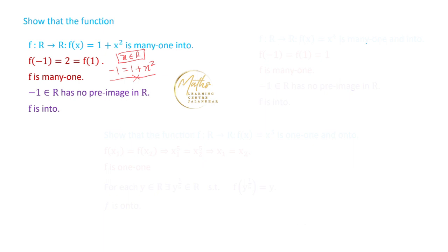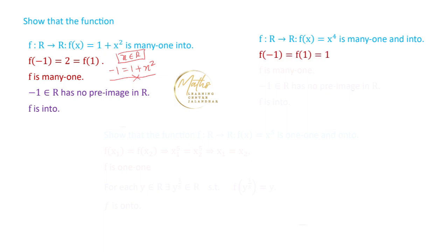Next function given to us is f defined from R to R as f of x is equal to x raised to the power 4, and we have to prove that it is many one and into. If we take the numbers minus 1 and 1 from the domain, we have f of minus 1 equal to f of 1 equal to 1.